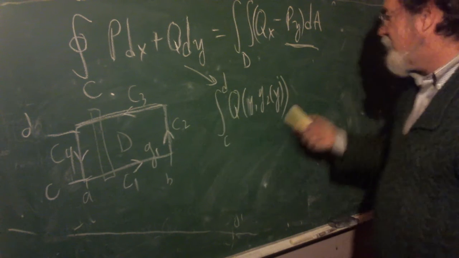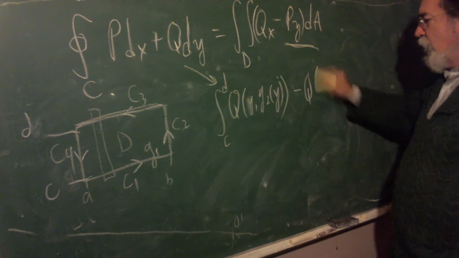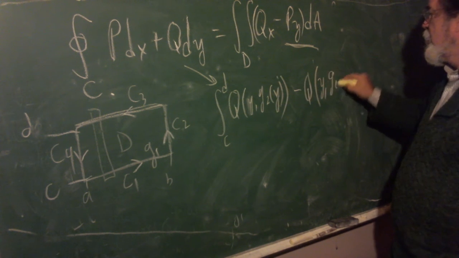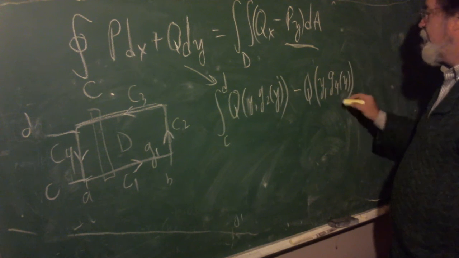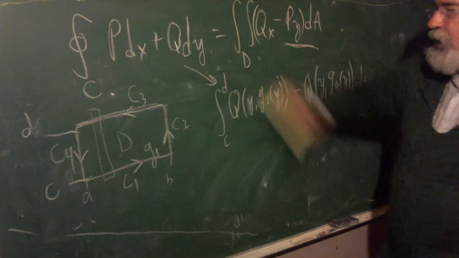We're going straight up. And it's going to be minus Q of x, G4 of y dy. That's what's going to happen over here.